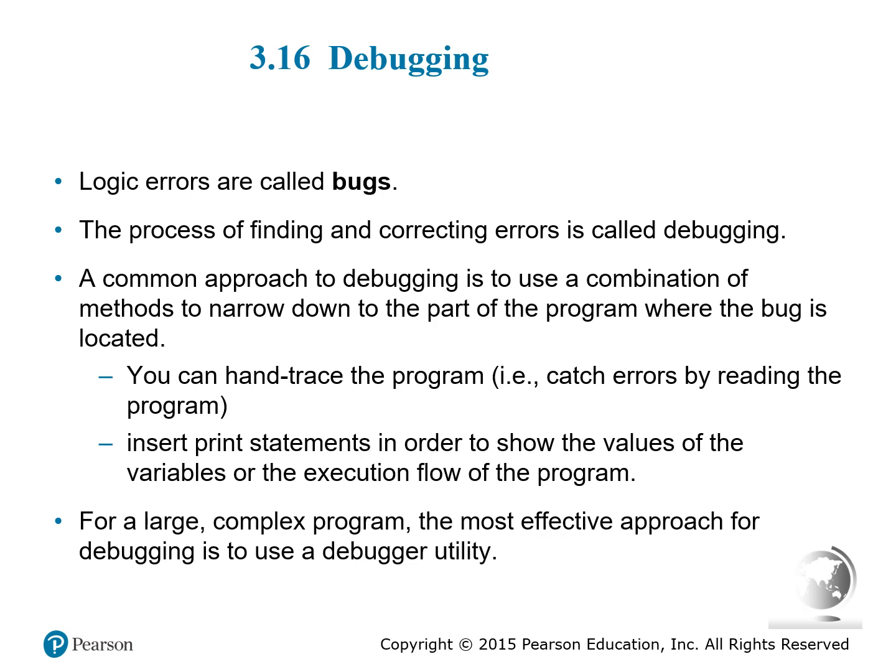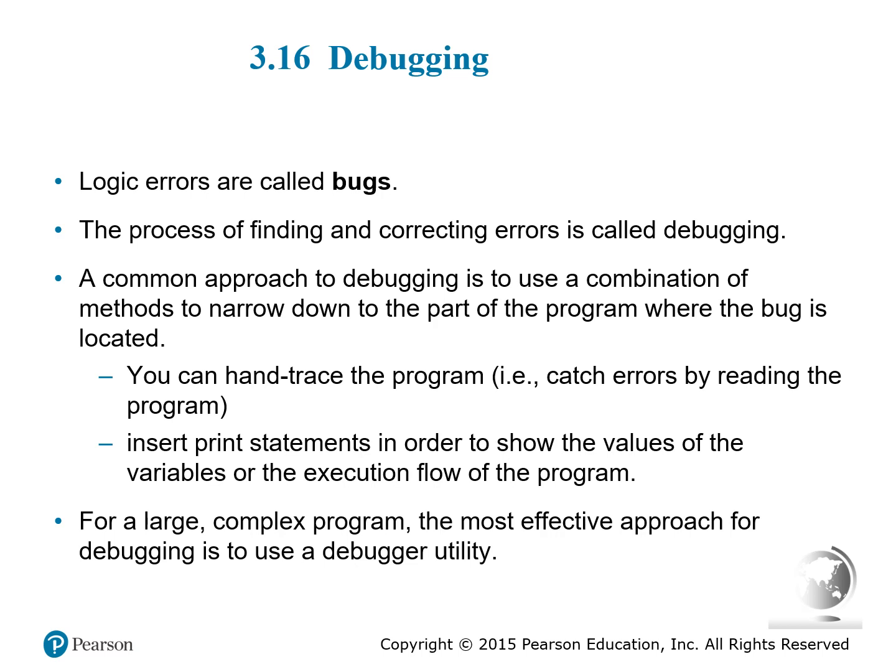When debugging a program, we introduced the concept of rubber duck debugging, and now we'll introduce a couple more techniques. The first technique is that of hand tracing the program, where we simply review the program line by line to determine where the error lies. Another is that we can insert print statements throughout the program that display the values of the variables at numerous points in the program, such as before and after all assignment statements.